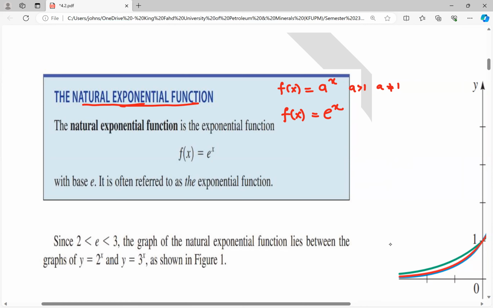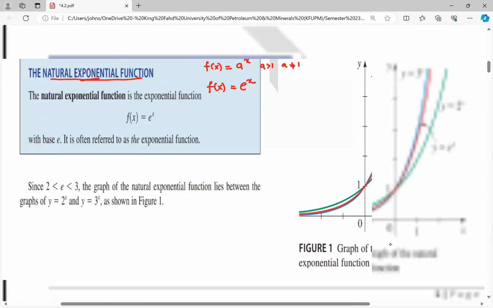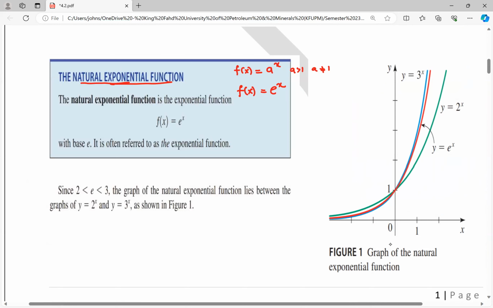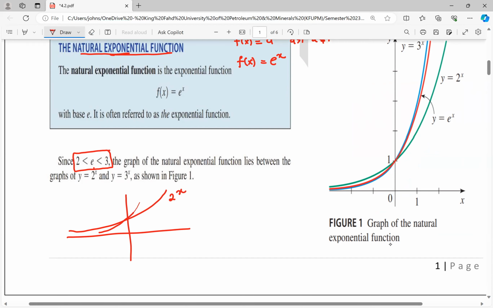And how does the graph look like? It's similar to what we've discussed before. We know that e is 2 point something, which is between 2 and 3. Since it's between 2 and 3, and remember, we talked about this graph, this is an increasing graph. So for example, this is 2 to the power x, and this is going to be 3 to the power x.